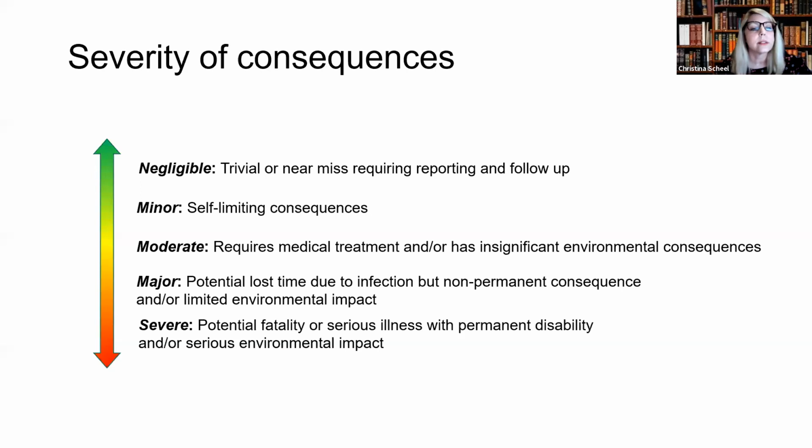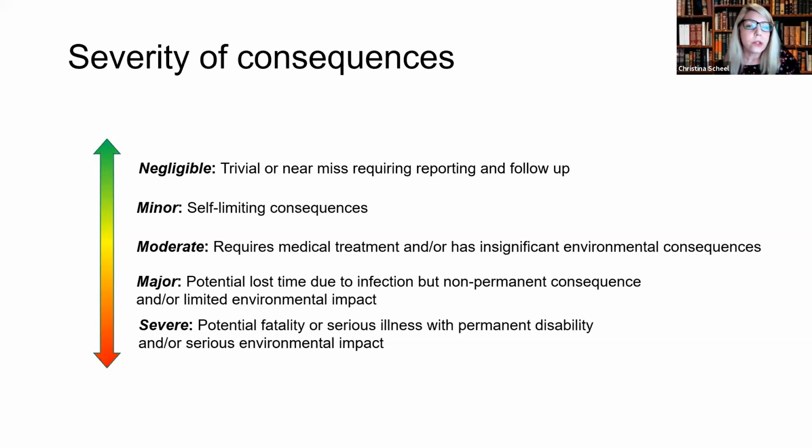Severity of consequences. These range from negligible, which means trivial or non-existent, and this could include near misses, requiring maybe reporting and follow-up. Minor consequences would be a self-limiting illness from one of your biological agents. Moderate consequences would indicate that medical attention or treatment is required, and/or an insignificant environmental consequence.